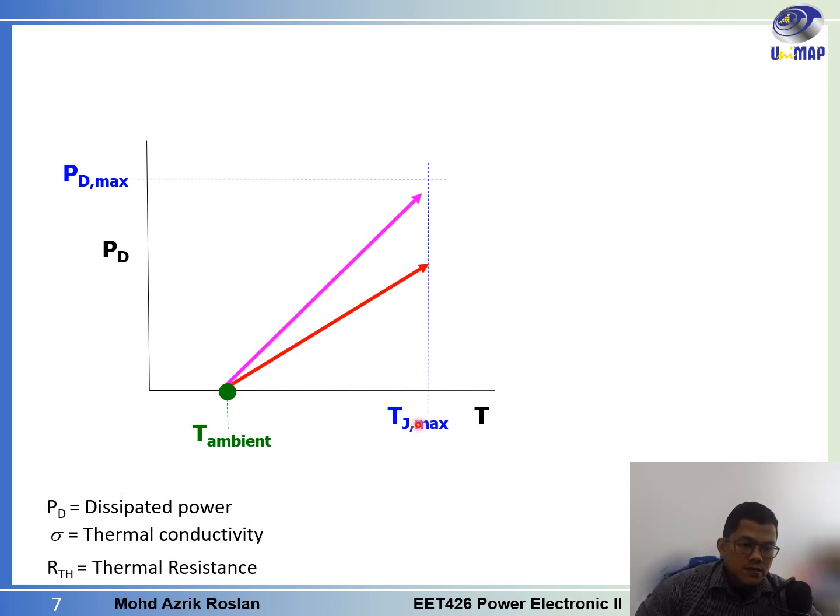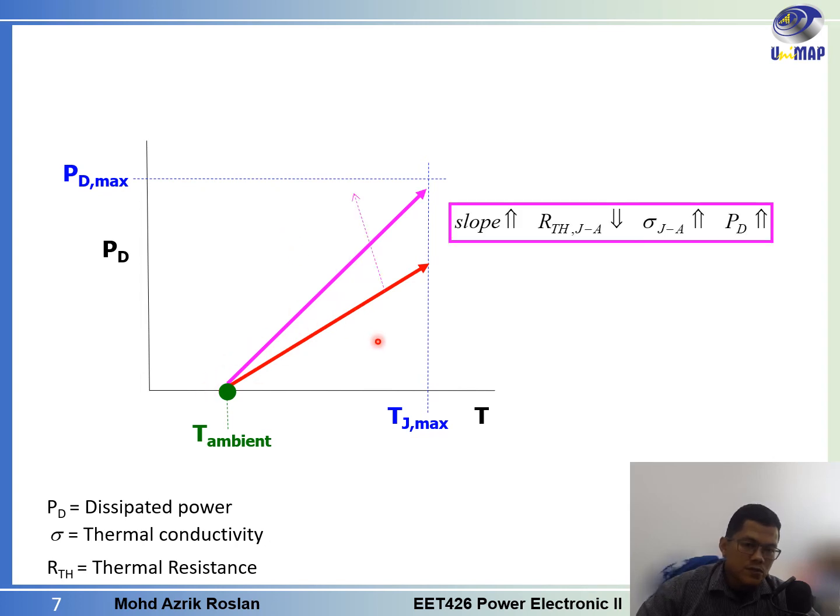Okay, this graph shows the power dissipated versus the junction temperature, but you can see there are two different lines with different slopes. The higher the slope, the lower the thermal resistance and the higher the rate of change of the power dissipation.